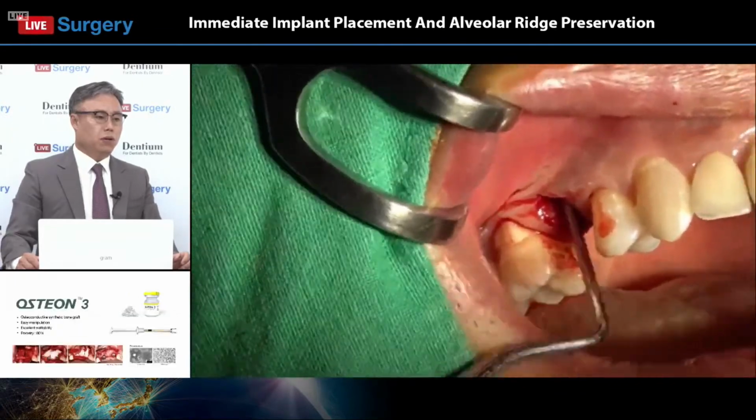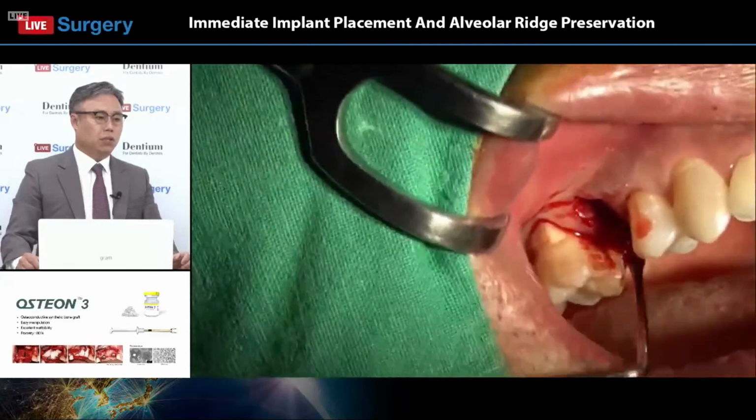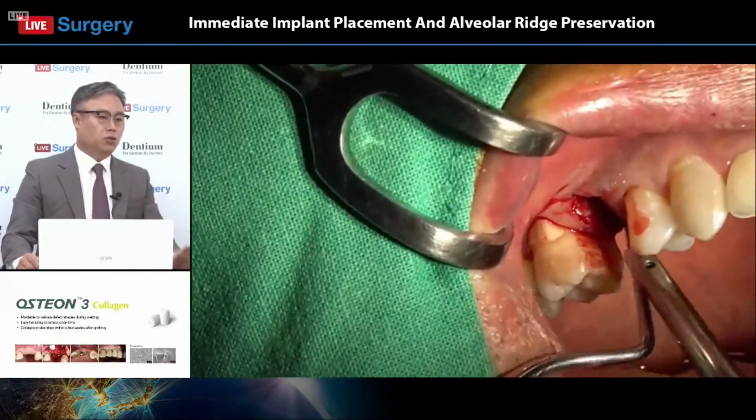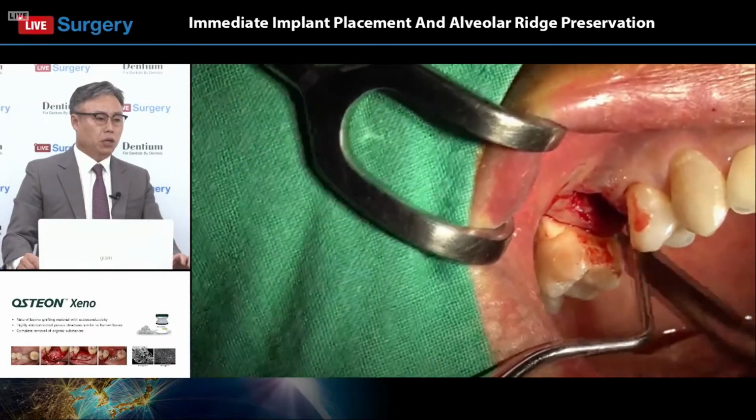He made sure the buccal bone was not damaged too much.